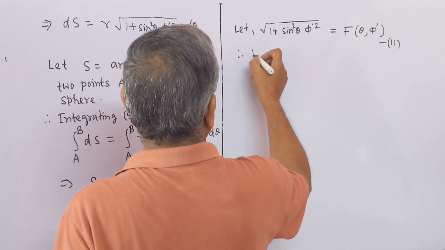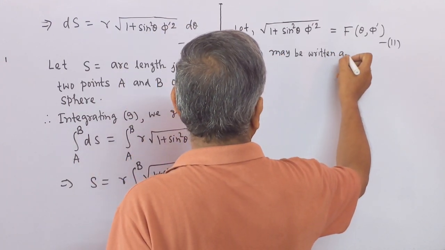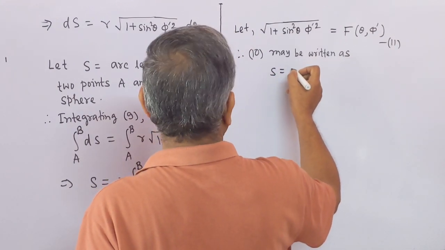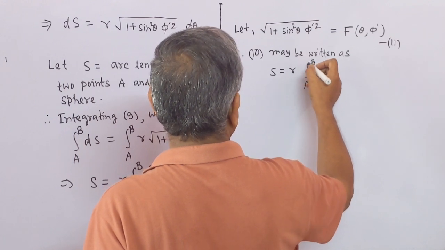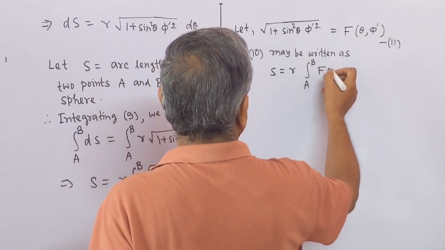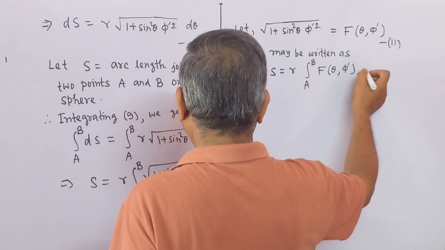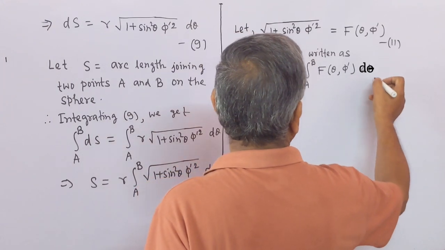Therefore, 10 may be written as S equal to R integration A to B F theta phi prime d theta. This is 12.